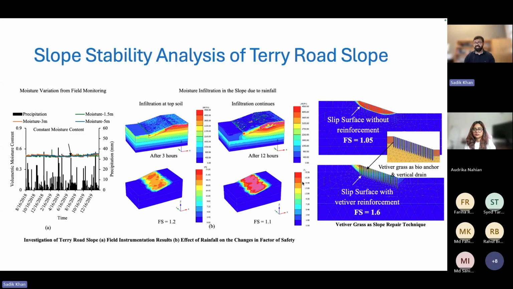It's a great low-cost technique that can be implemented for very large-scale slopes, and it really helped us reduce the cost maybe 80% compared to what would be needed if the slope has failed.